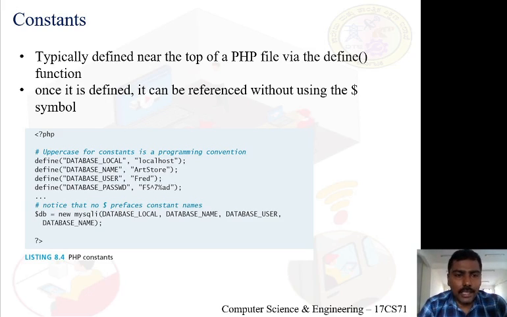As you can see in the slide, I've declared some constants named database underscore local, database underscore name, and they are initialized with some values. Clear? So later, in order to access this constant, I need not make use of the dollar symbol. This is about constants. To access a variable's content, I need to prefix it with dollar, but to access constants, we need not prefix dollar.